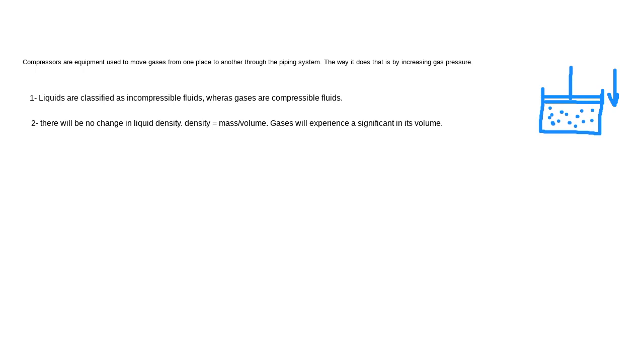But you can apply that force and the piston will move downward, guys, and that's until it reaches a value where you would like the discharge pressure to be maintained.